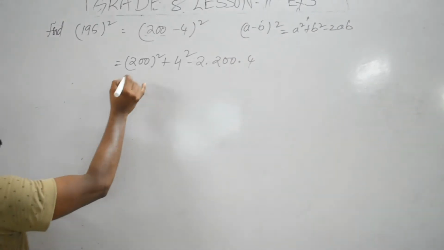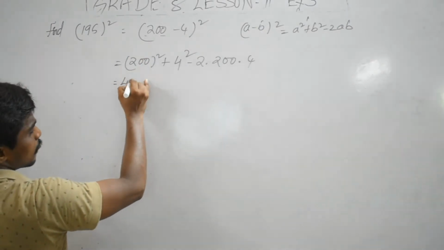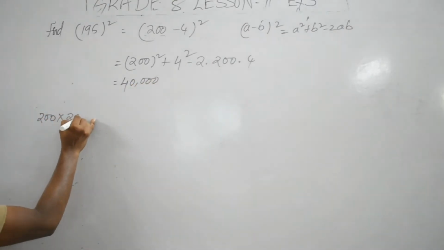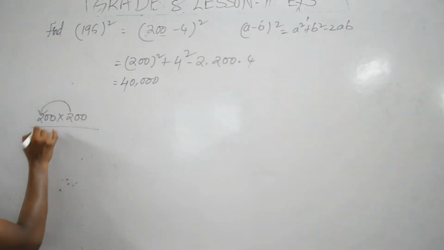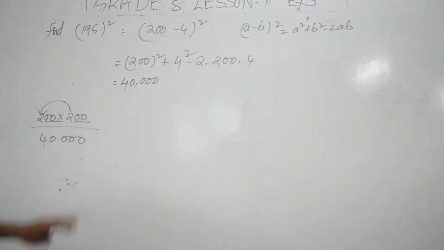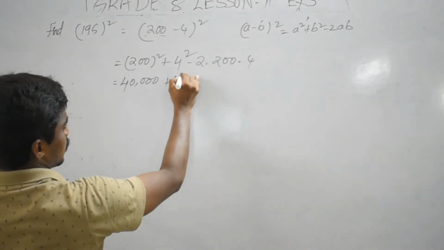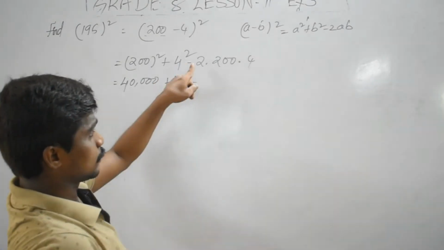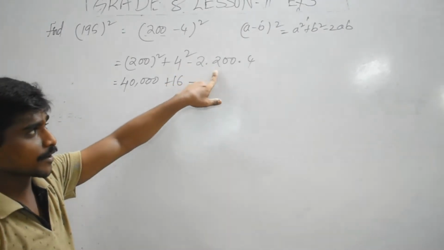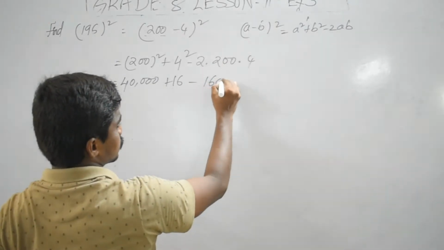So now 200 times 200, simple. How much? 40,000. Here see, 200 times 200, 2 twos are 4, both sides 4 zeros are multiplied. So 40,000. Next one, 16, minus 2 times 200 times 4, 2 fours are 8, 2 times 200 is 400, 400 times 4 is 1600.